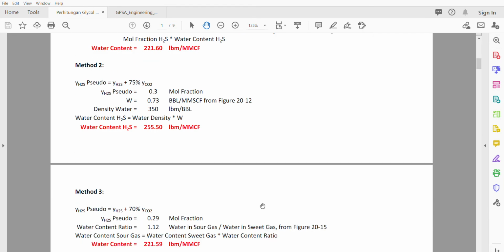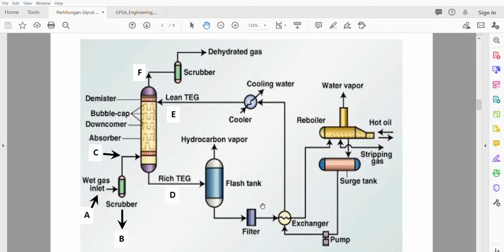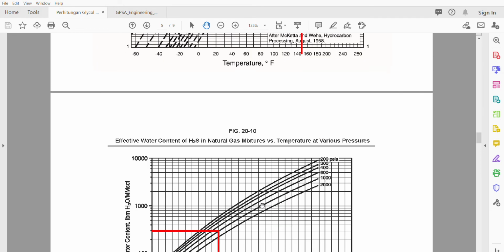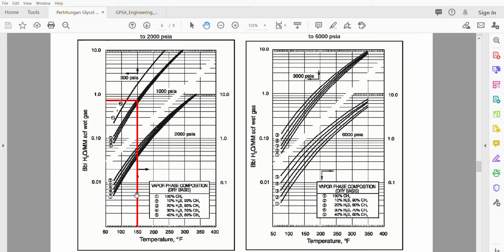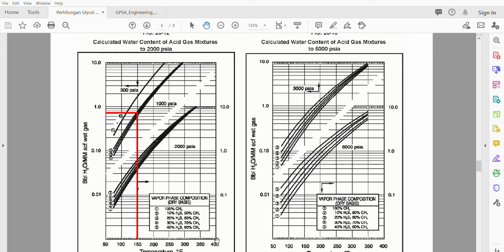Okay, let's go to figure 2012. This is figure 2012. On the left hand side, we have a small pressure, which is 300, 1000, and 2000, and on the right we have 3000 and then 6000. So first, remember that we have 30% of H2S. Remember that?